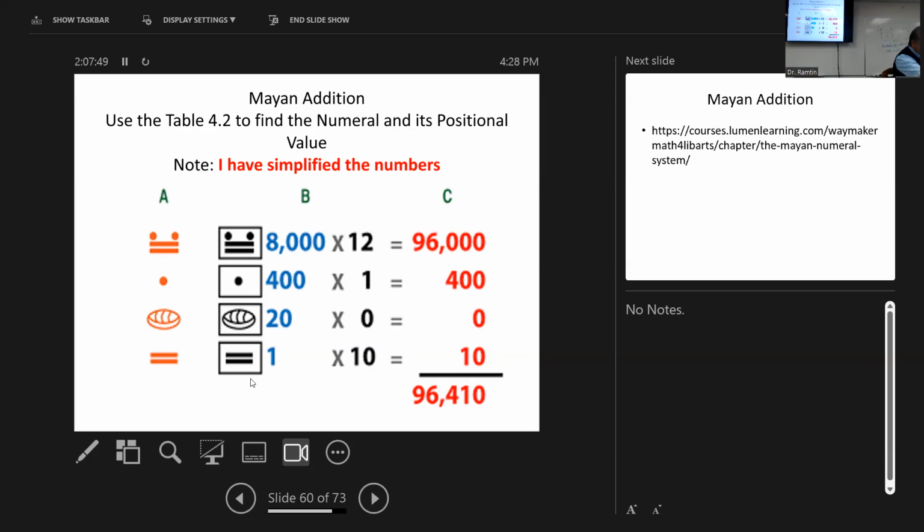The third one is just that owl shaped thing, 0. And the fourth one, 2 bars plus 4 dots. So we got the second column using that table. And in the quiz or test, it will be given to you. I'm not expecting you to memorize these things.